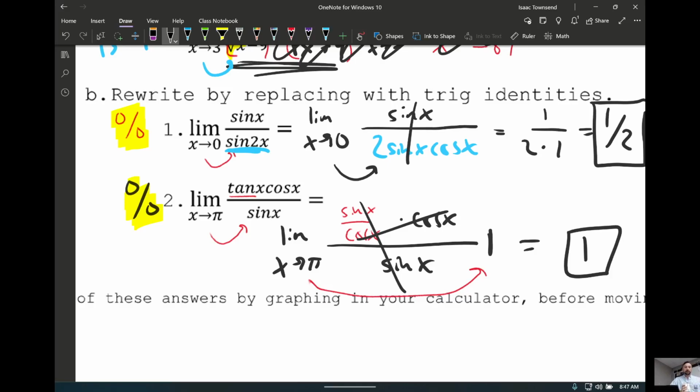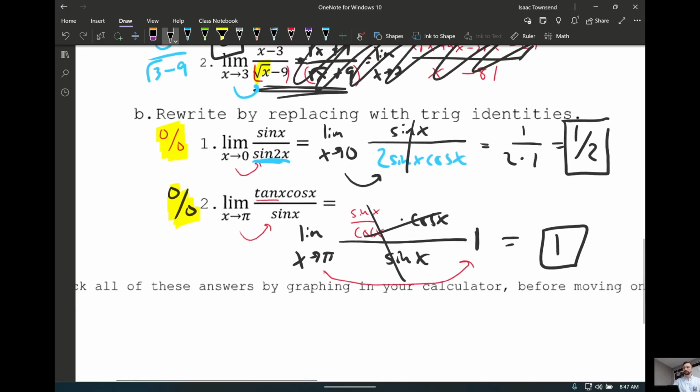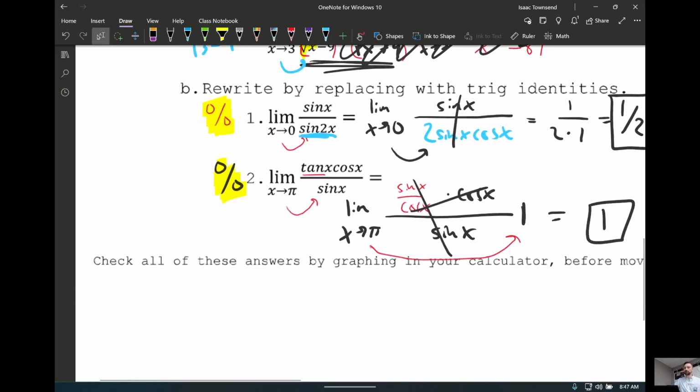Again, I will try to find some more practice of those at some point, but also don't forget that you can always check these by graphing. So if you graph this in your calculator, in radian mode of course, and you look a little bit to the left of pi in the x direction and a little bit to the right of pi in the x direction, you should see that the y value gets close to 1.